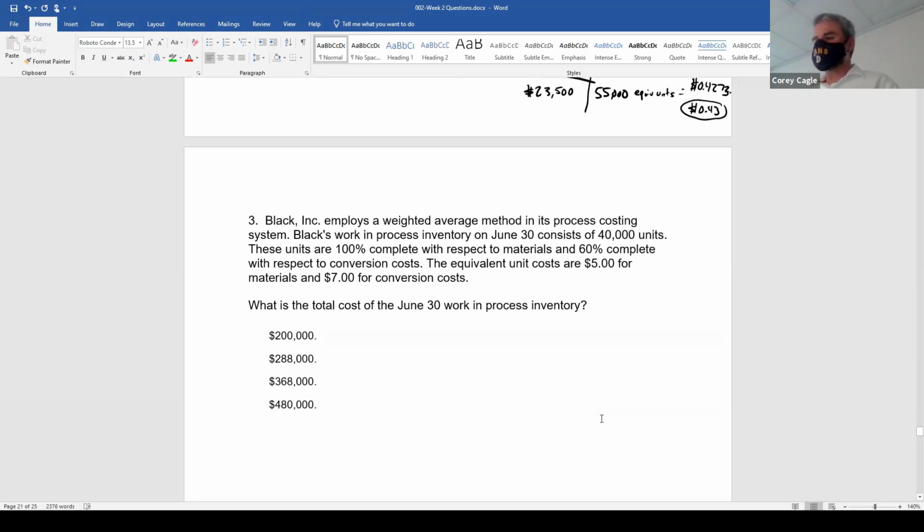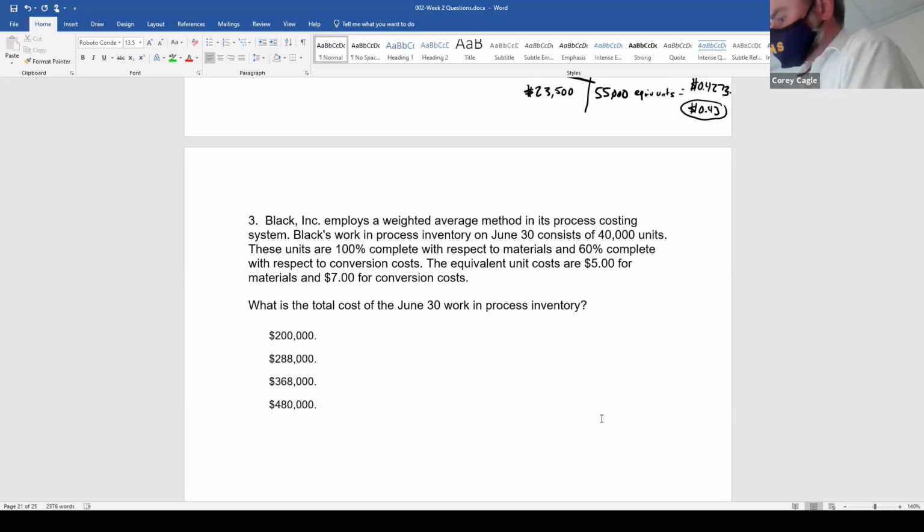What is the total cost of my ending work in process? So I see that, I'm like, dang it, I gotta go through the whole stinking thing to answer that. So stretched out and ready. Here we go.